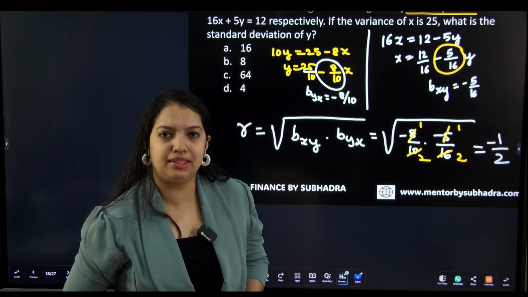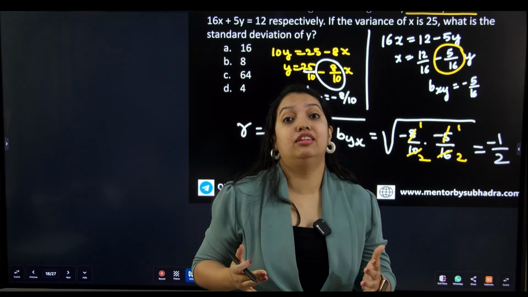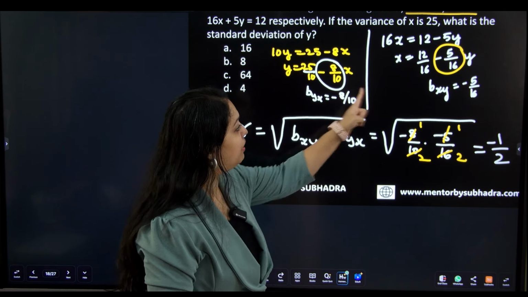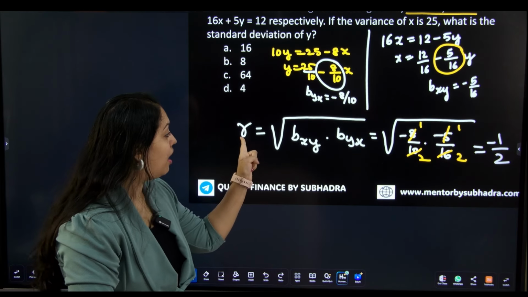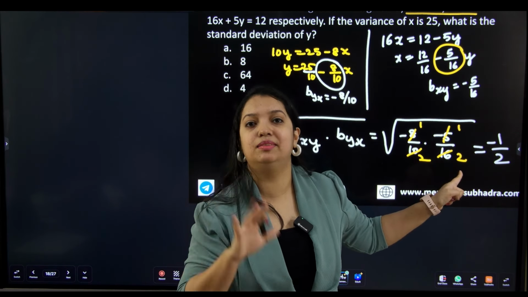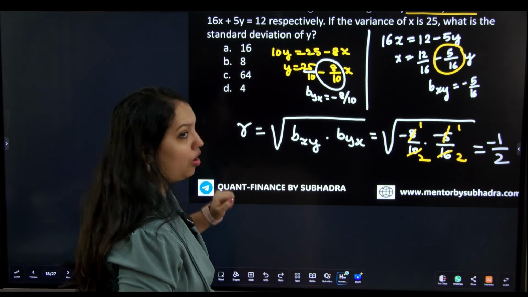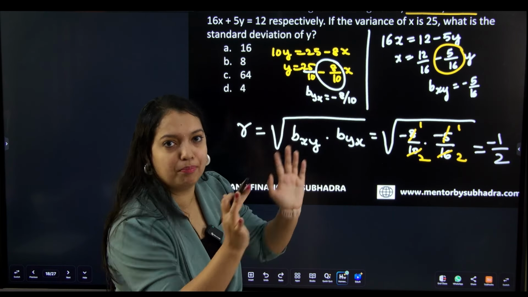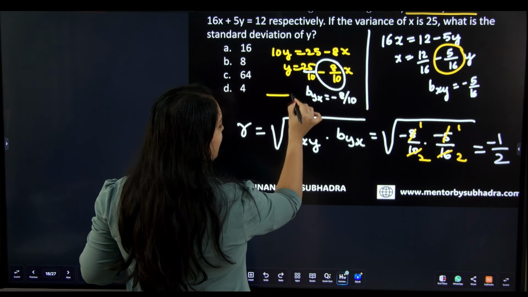Ma'am, but minus into minus is plus, correct? We are defying the rules of mathematics when it comes to correlation and regression. Remember, if byx and bxy are negative, our value will be negative. I don't care whether minus into minus is plus; that is the mathematical rule. So now that I got our formula, I will apply your choice, byx or bxy formula. For me, I started with this, correct?